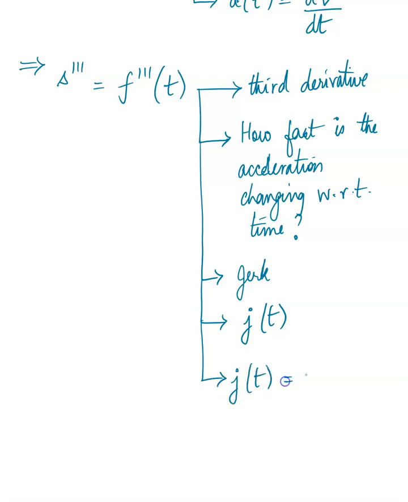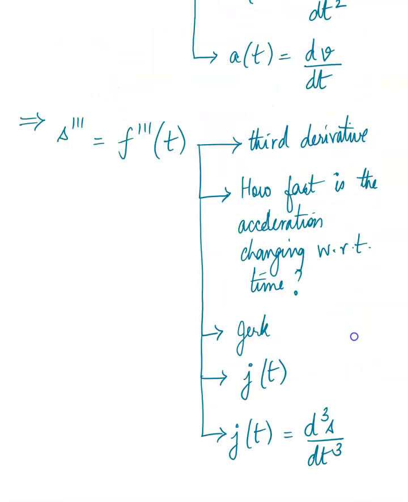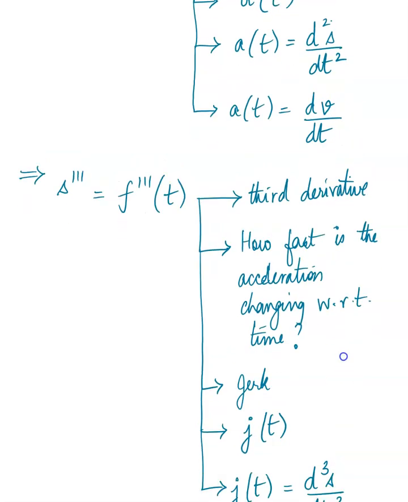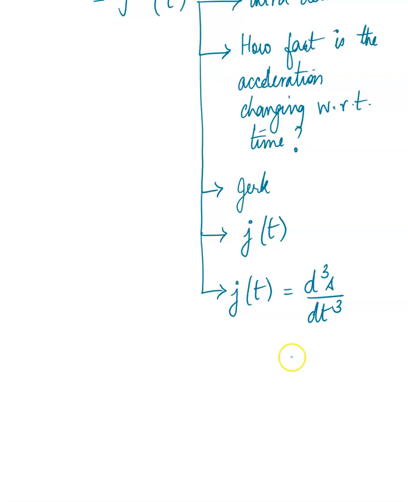You can think of j of t as d cubed s over dt cubed, because it's the third derivative of the position. If you want a quick connection, acceleration is the second derivative, therefore jerk is the third derivative of the position. Or you could see it as the second derivative of the velocity, so it's d squared v over dt squared. Or it could be the first derivative of the acceleration, da over dt.